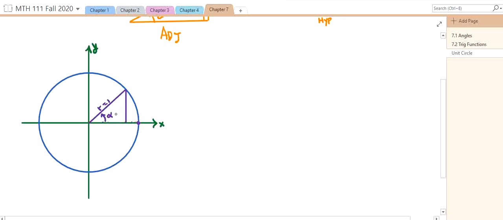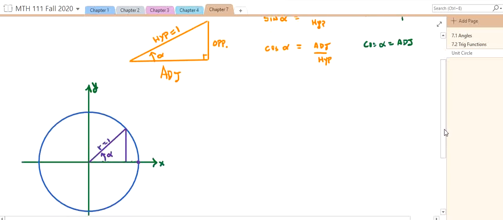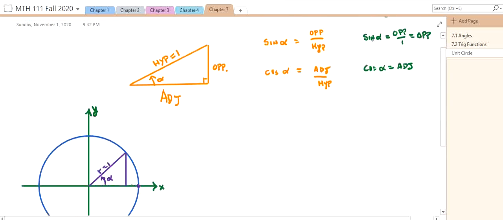So say this is our angle alpha. Since the hypotenuse is 1, this is just the opposite, which equals sine of alpha.